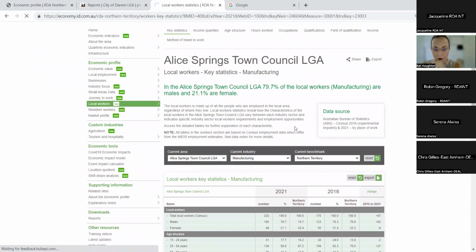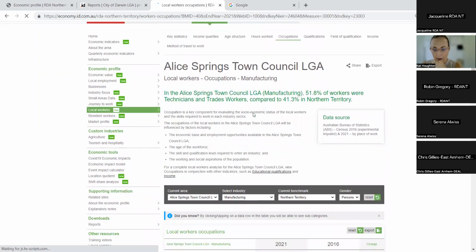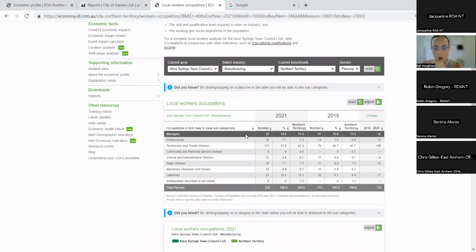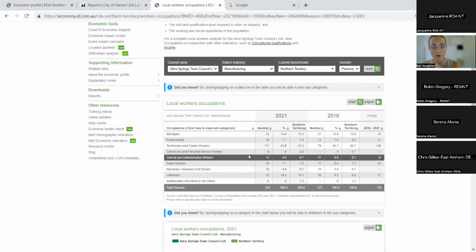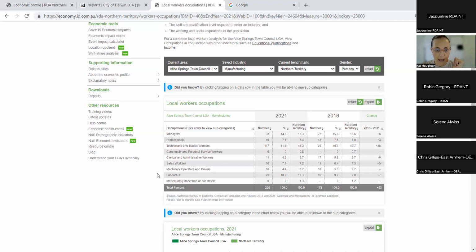We can get our occupations. When I'm on manufacturing, we can see what type of occupations people have. If you're doing anything around skills, or looking at specific skills required for industries that you're trying to grow, this is a good way of looking at what's currently there and what qualifications people have.